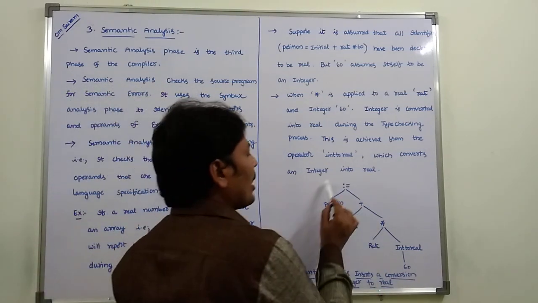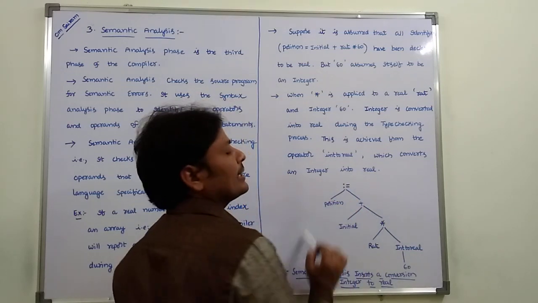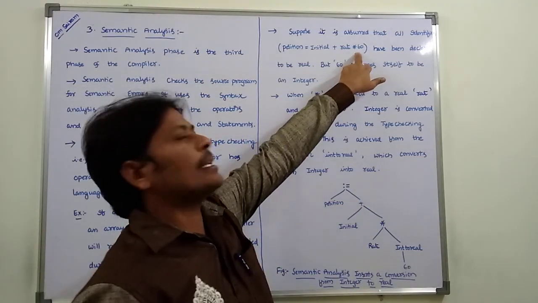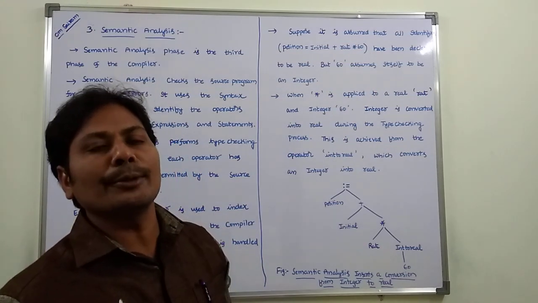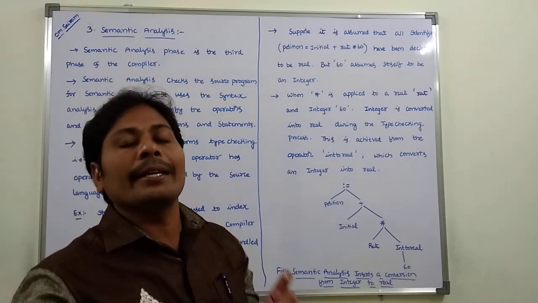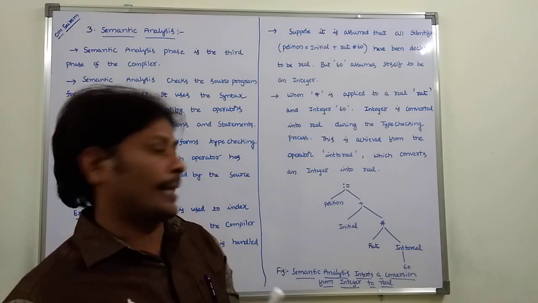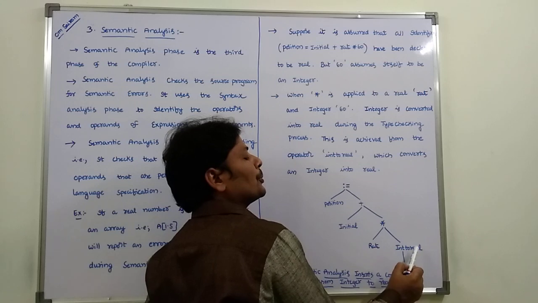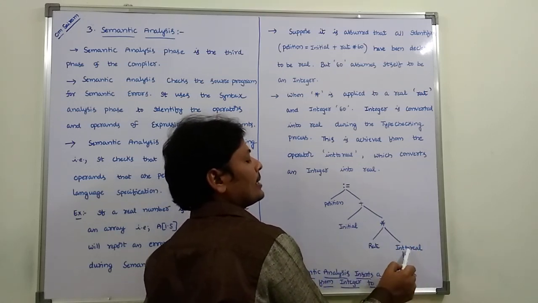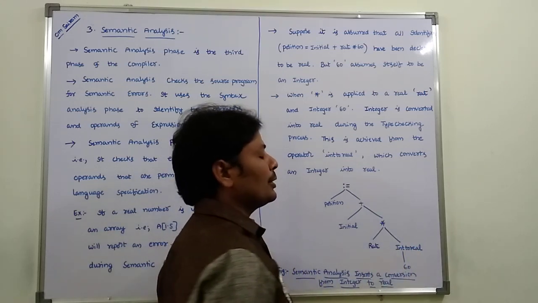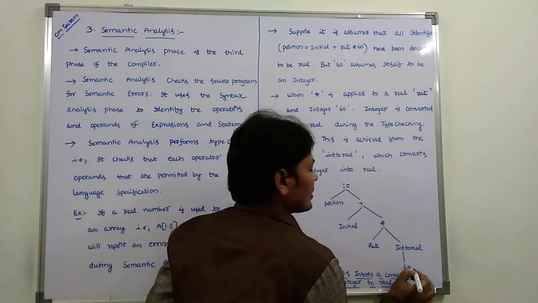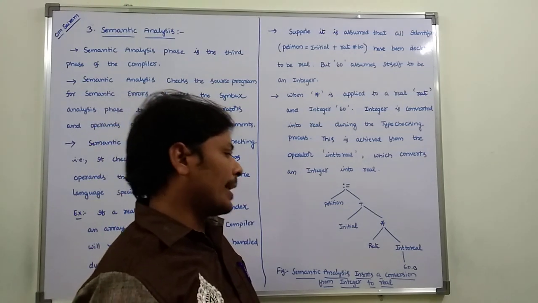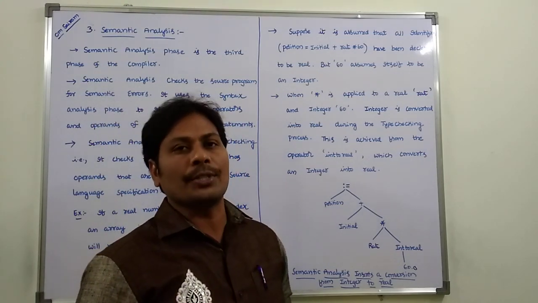Up to this point it is the same as the syntax analysis, but here the integer 60 is converted into real, that is 60.0.